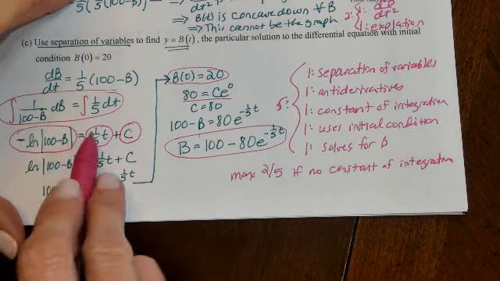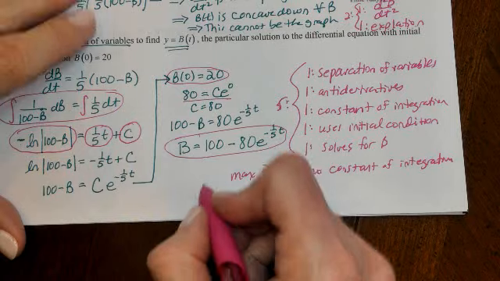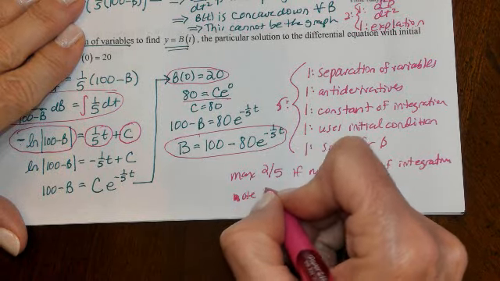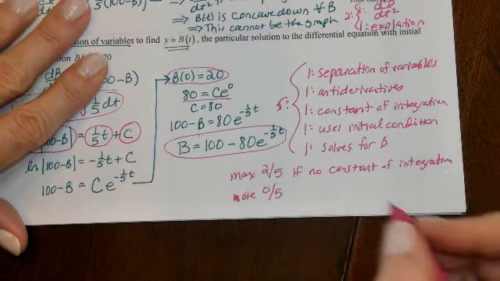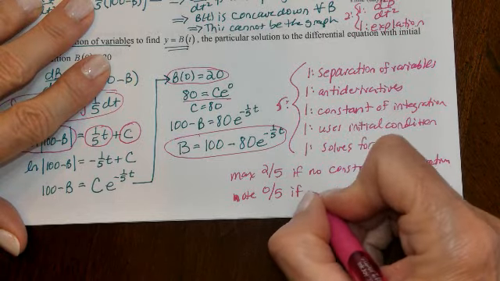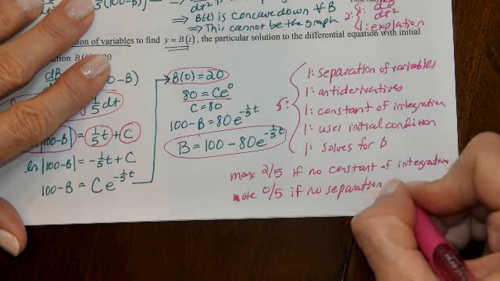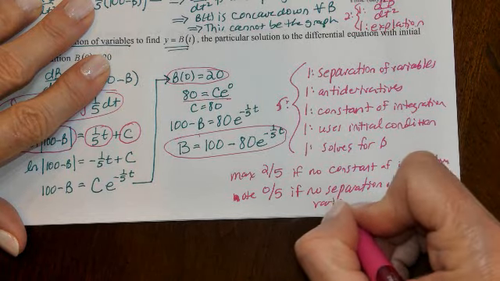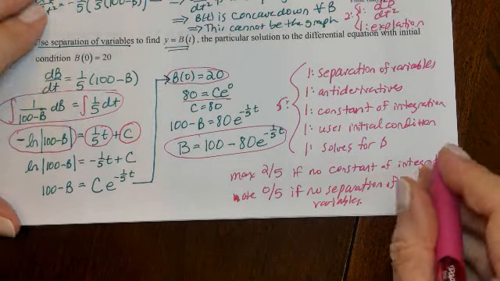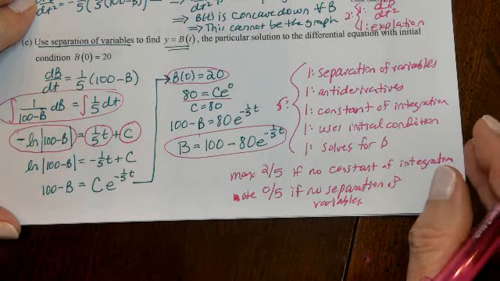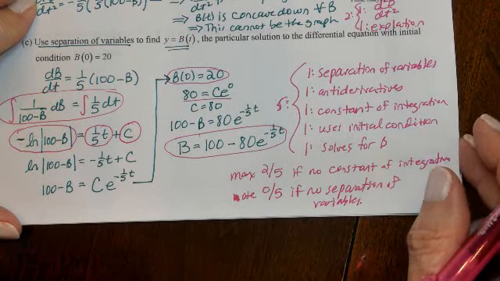At most, you would have gotten these 2 points. And another note that they wrote, 0 out of 5 if no separation of variables. So if you did not separate, you didn't get anything from this. Okay? All right. That's it.